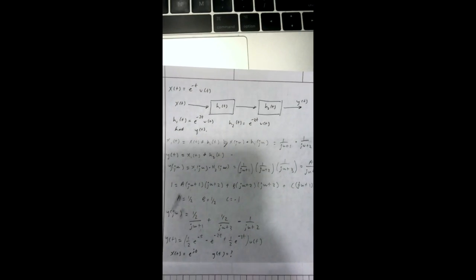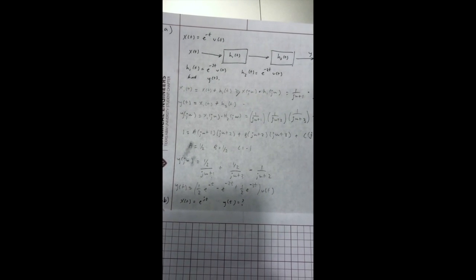Now this next part is asking if x of t is e to the jt, what's y of t? Now you don't want to reinvent the wheel here. You know that convolving in the time domain just means multiplication in the frequency domain, right? And you're just multiplying the Fourier transform of each of these by each other.